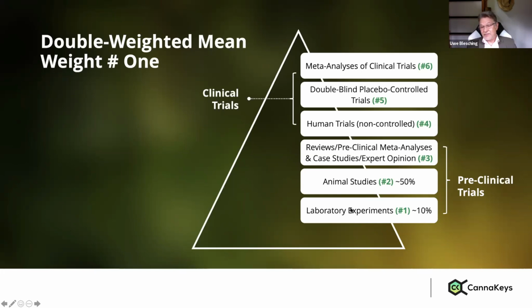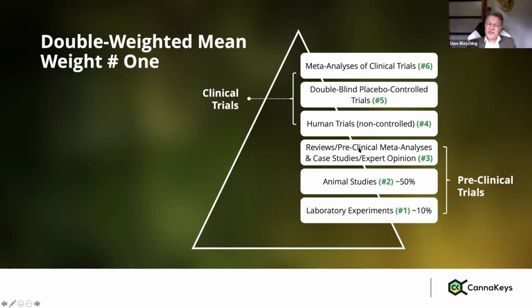So a lab test, a Petri dish test, gets a weight of a 1 because only roughly about 10% of all data that comes out of lab tests eventually becomes relevant in the clinical setting. Now, animal studies, of course, get a slightly higher weight, and depending on who you talk to, the clinical relevance of animal trials are somewhere between 10 and 50%.